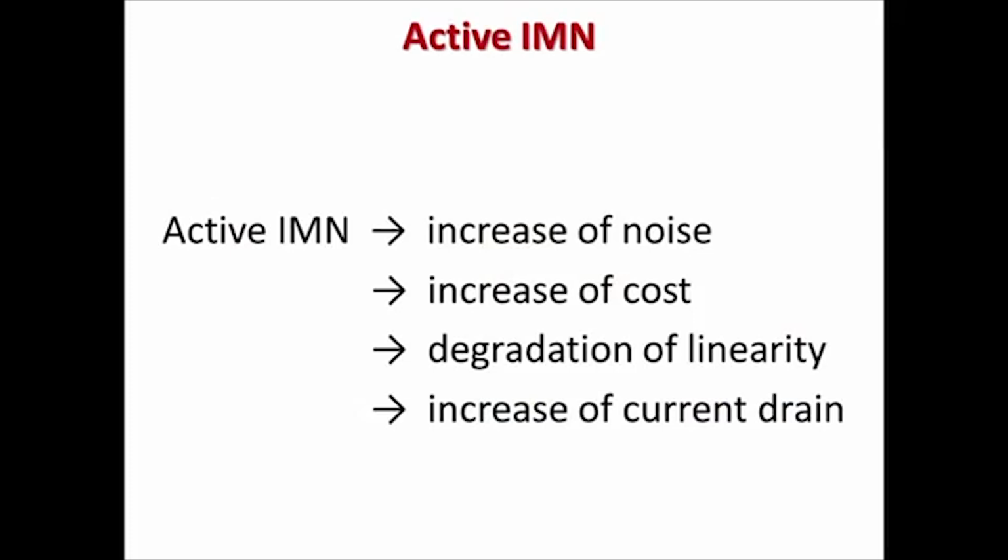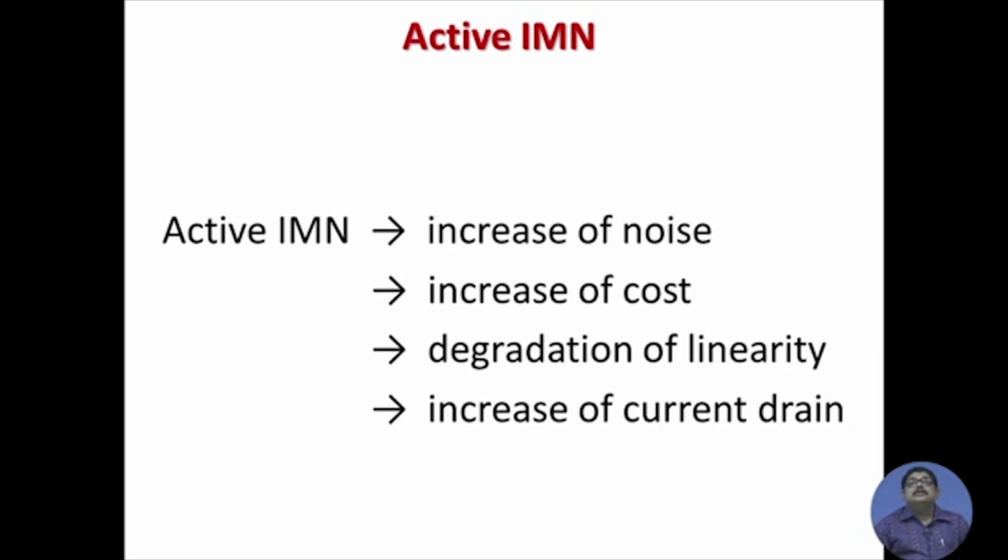Any active device has a linearity limit, so linearity also degrades, and active devices many times have non-linearities. So you will have to be careful about that. Current drain also increases in the case of active devices, because they draw a lot of bias currents etc.